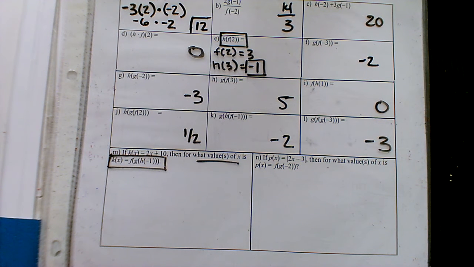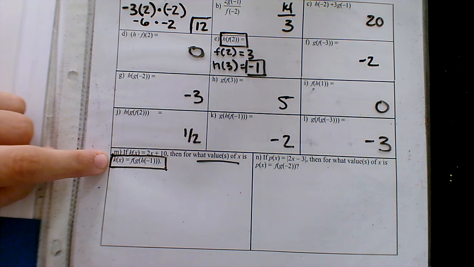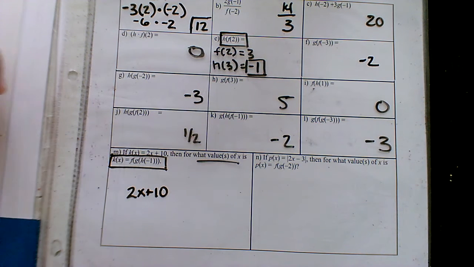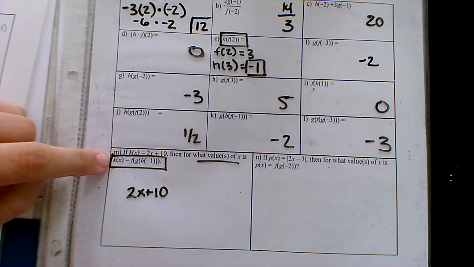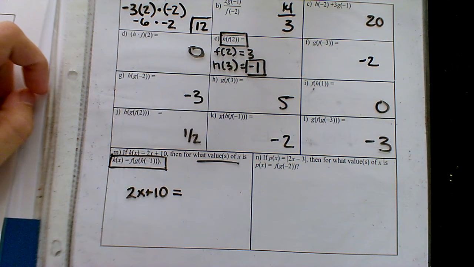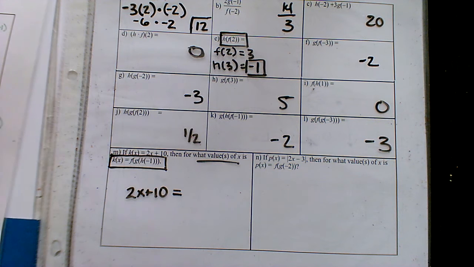We just got to think about what does each piece mean. So when we look at this, notice how the left-hand side is K of x. That is representing the equation they gave us. So we can go ahead and write that in its place. Next comes the equal sign.